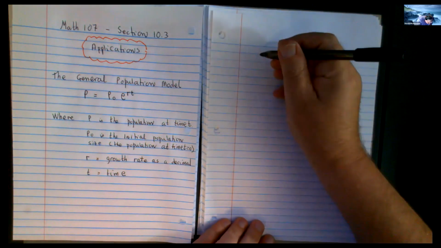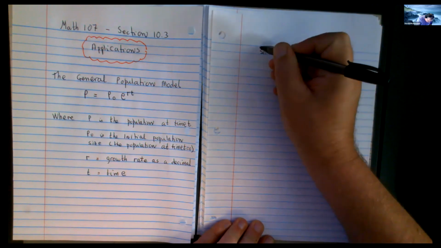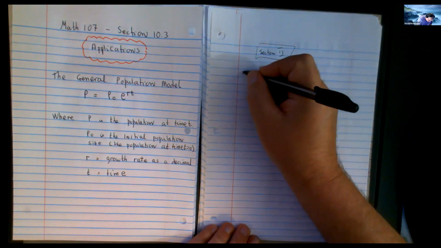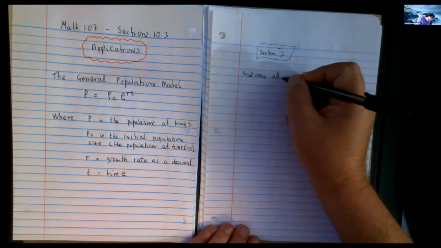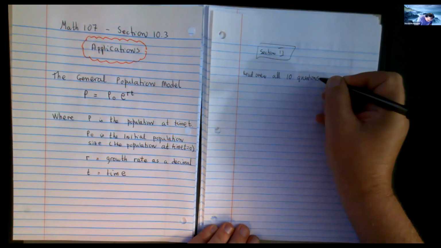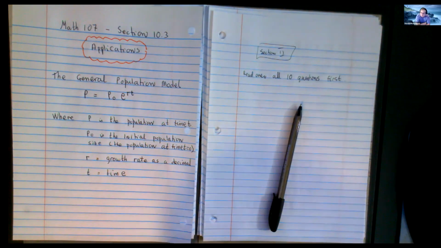But when you come to do section 2, I suggest strongly you do the following things. Read over all 10 questions first. Now you don't need to read them in depth, but read over them to see what they're about.